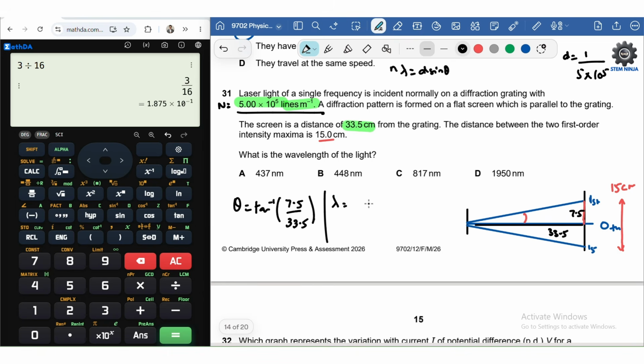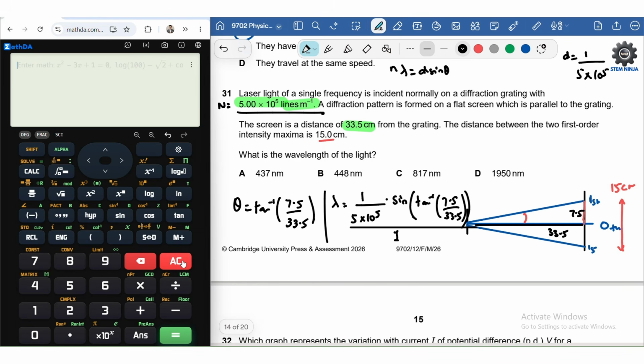So wavelength would be d, 1 over 5 times 10 raised to power 5, times sine theta, sine of this angle, tan inverse of 7.5 over 33.5, divided by n, first order, because we're looking at the first order. So d sine theta divided by 1.